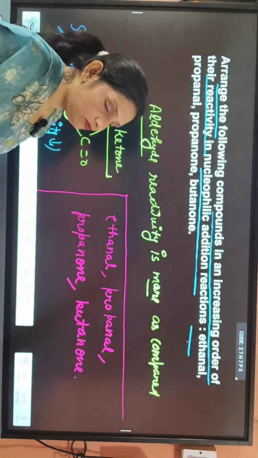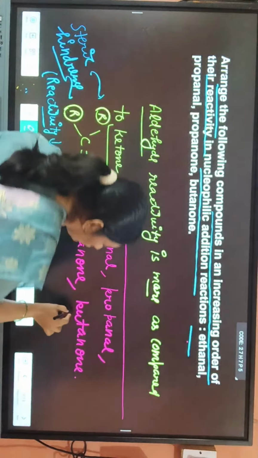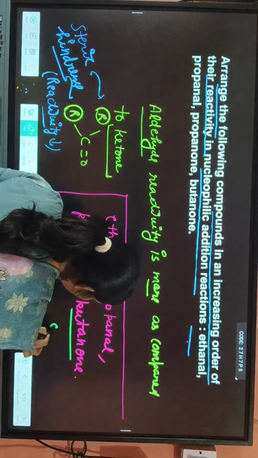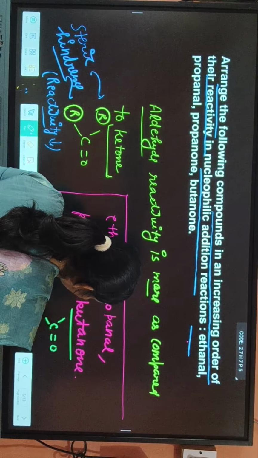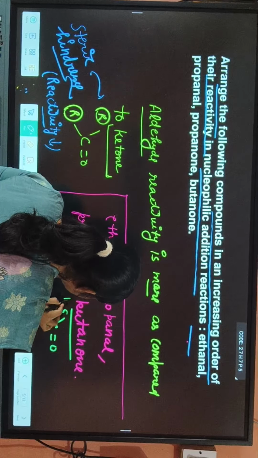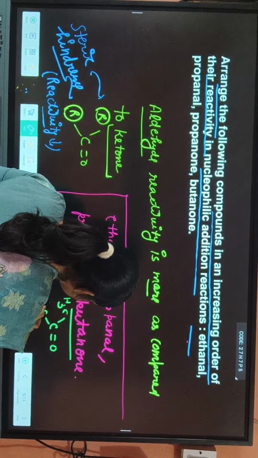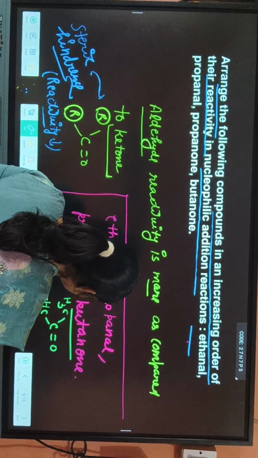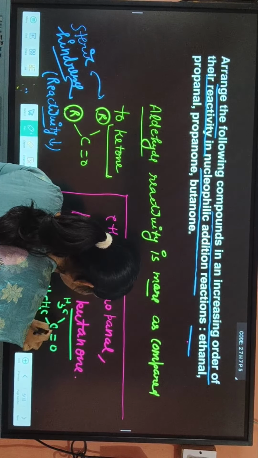Butanone has four carbons: CH3, CH2, CH3, this one, 1, 2, 3, 4.